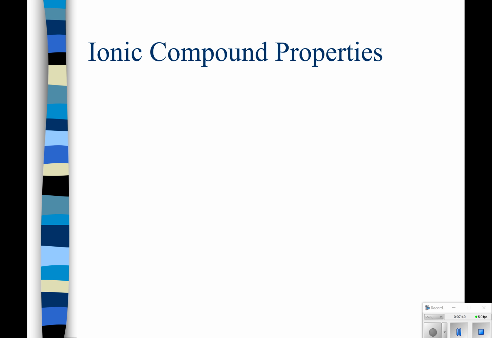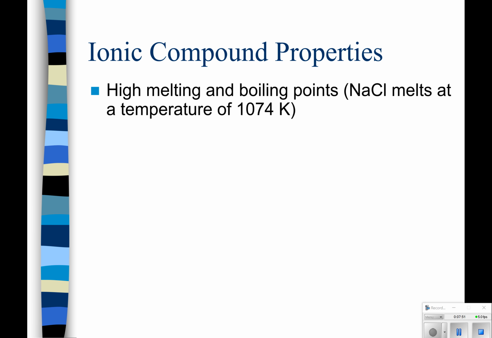Now it's important to note a few ionic compound properties which would be pretty consistent for any ionic compound. Generally we use table salt as the example. Sodium chloride, like all ionic compounds, has high melting and high boiling points. For example, sodium chloride melts at a temperature of 1074 Kelvin. If we think about that in Celsius and subtract 273, we're looking at something like 800 degrees Celsius.